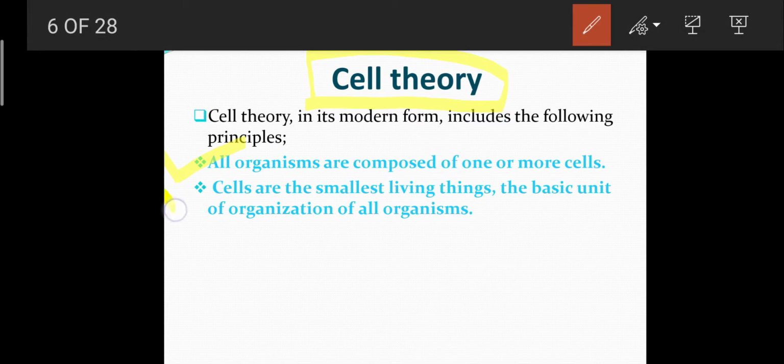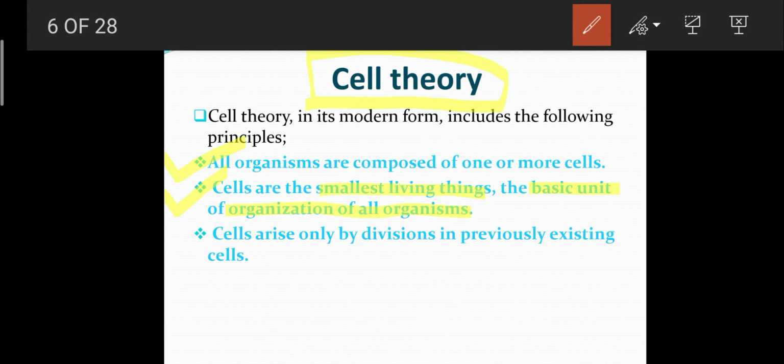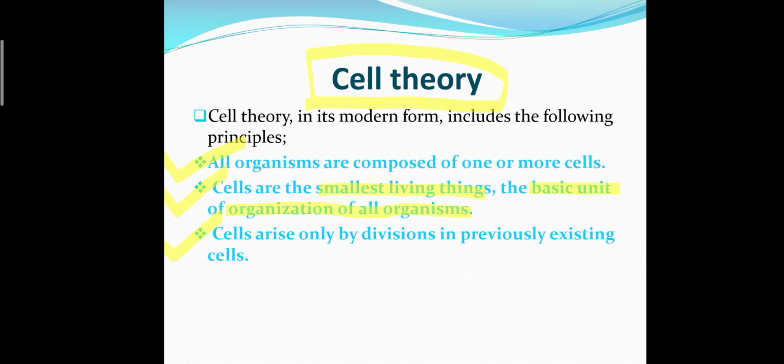The second principle is that cells are the smallest living things, the basic unit of organization of all organisms. And the third is that cells arise only by division of previously existing cells. So these three are the main principles of cell theory in its modern form.